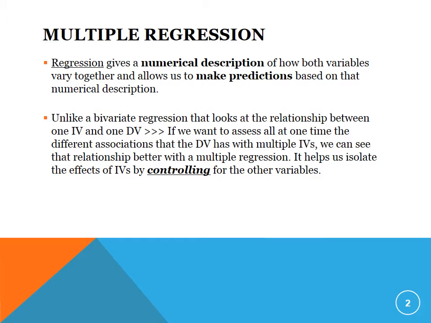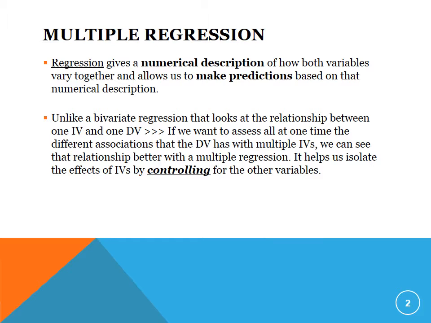Here with multiple regression, we want to look at a whole lot of different things all at one time, because in the real world, you can't necessarily isolate and only think about a relationship by itself, right? So you have a husband and wife, but you've got the in-laws, the parents, you've got the kids that play a role in that relationship.